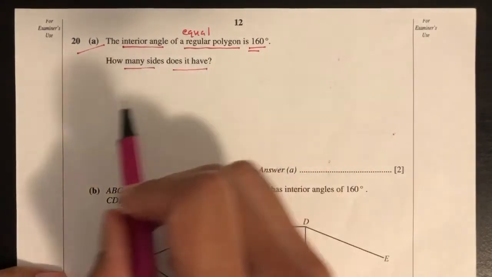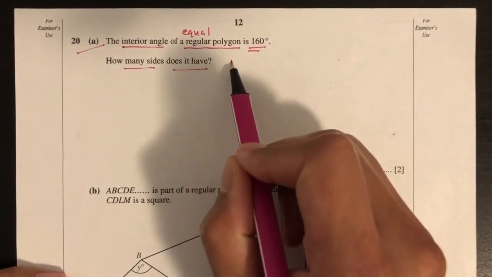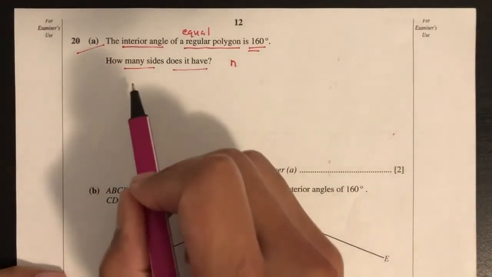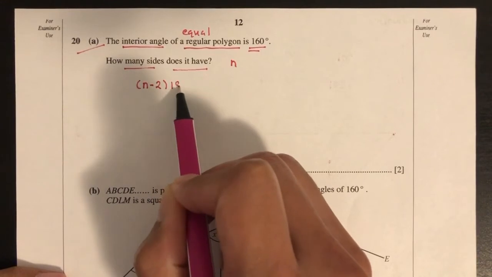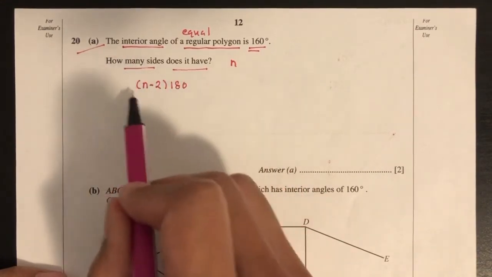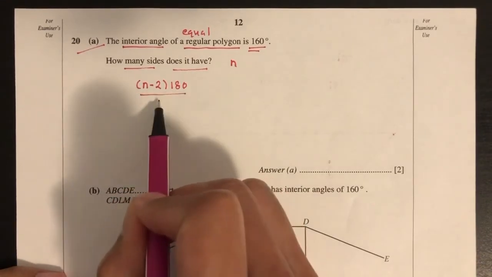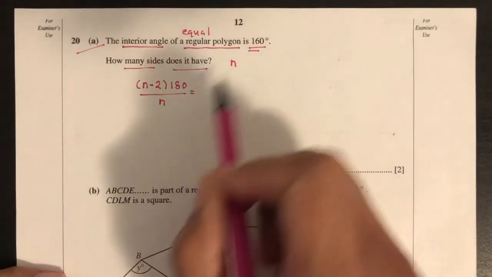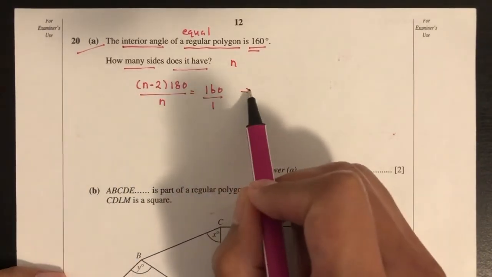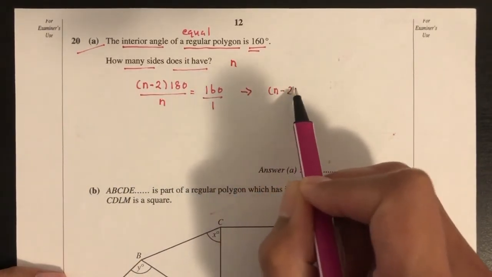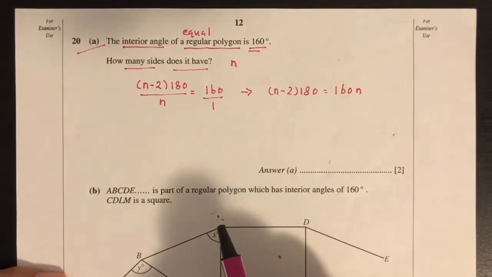So usually we have to use a formula to find this. Let n equal the number of sides. Now we know that n minus 2 times 180 is the sum of all the angles in this polygon, and then dividing by the number of sides gives you the size of one angle. So you cross multiply, that will be n minus 2 times 180 equal to 160n.